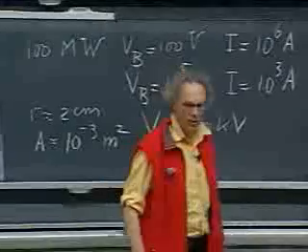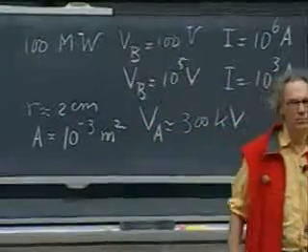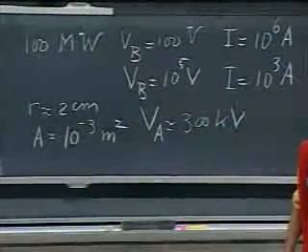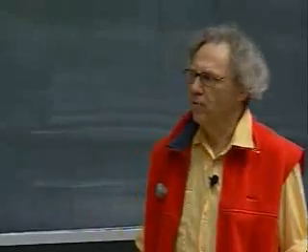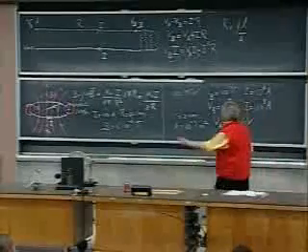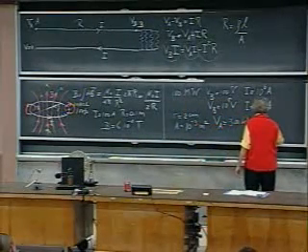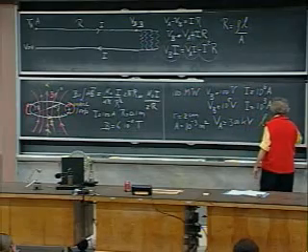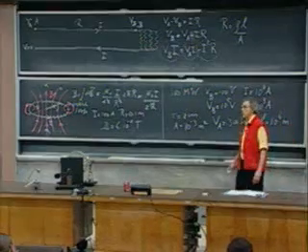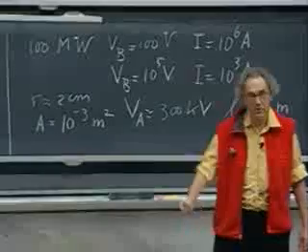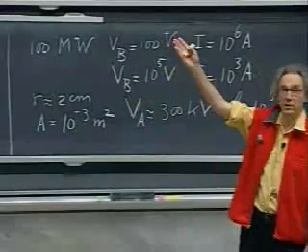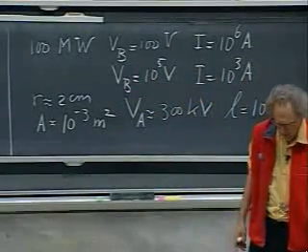And with that configuration, you stay comfortably below the electric field of 3 million volts per meter. So you don't get the corona discharge. Suppose the length of that cable, L, were something like 1,000 kilometers, not an unreasonable number, if we get our electricity from Niagara Falls to Boston.